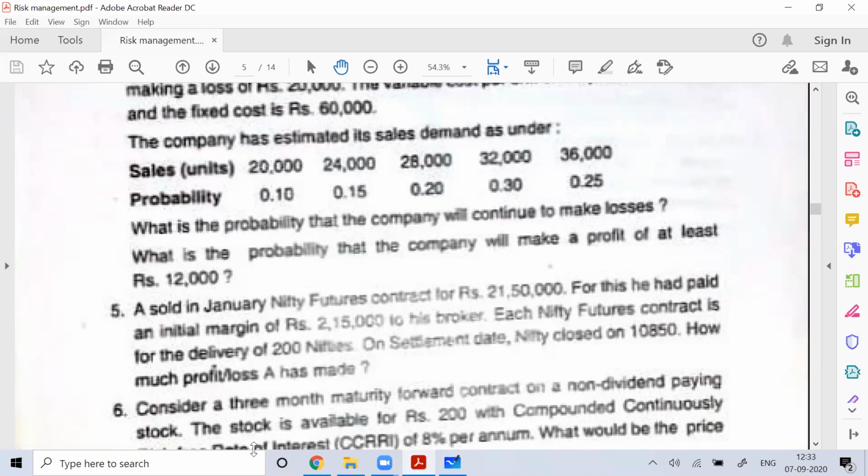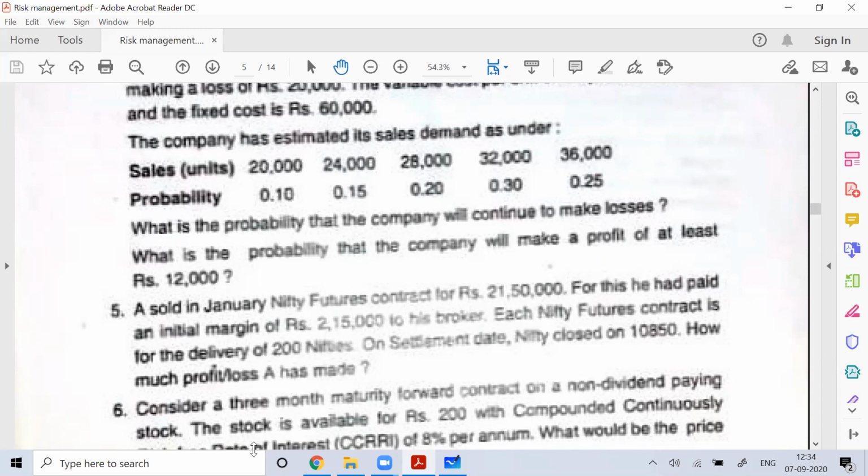If you divide by 200, you'll get 10,750. So he had taken a short position at 10,750, and one contract means 200 Nifty, and on the settlement date the Nifty became 10,850. So he gets a loss of 10,850 minus 10,750, that is 100 into 200, which means 20,000 rupees loss.